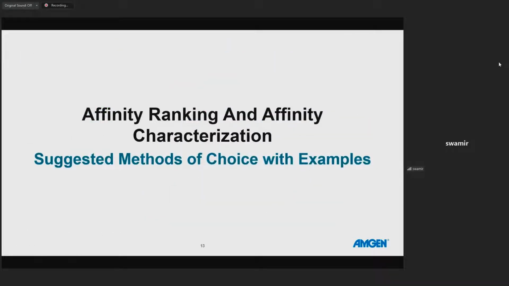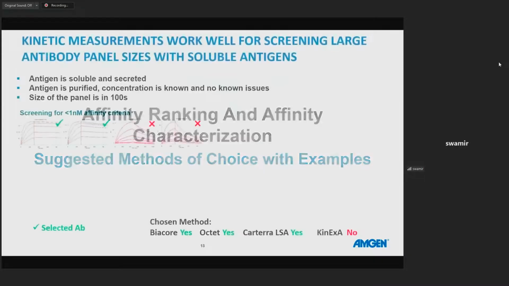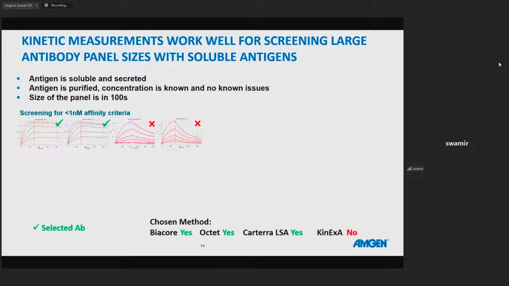Now, I will just give some examples in which we use different technologies for our advantage and purpose. For example, if the antigen is a soluble target, secreted and purified, and we know the concentration for sure, and if we need to screen hundreds of molecules, say up to 1,000, and our goal is to cull out the bad ones.